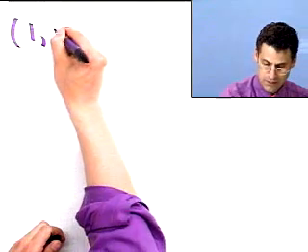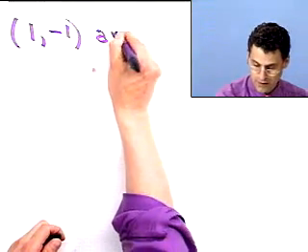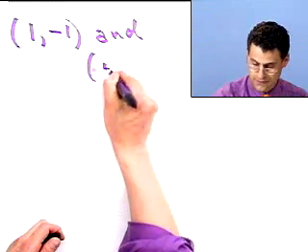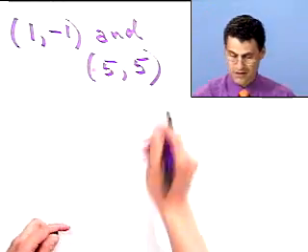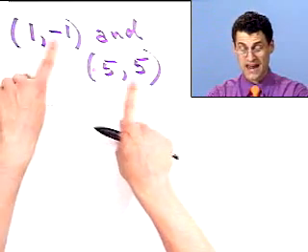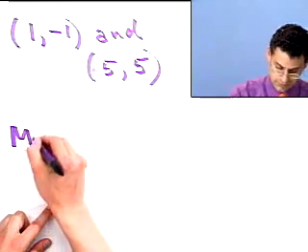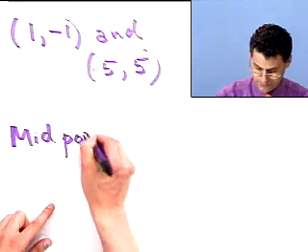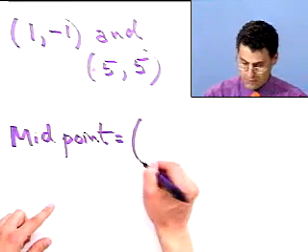So find the midpoint between the points 1, minus 1, and the point 5, 5. So if I want to find the midpoint, what I have to do is average the x's and then average the y's. So the midpoint would be, well, I'd average the x's.